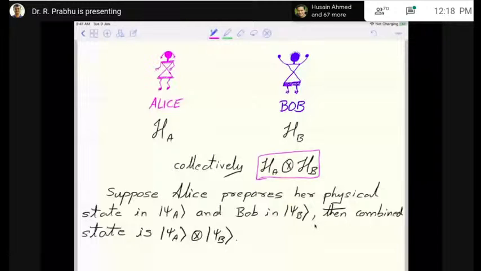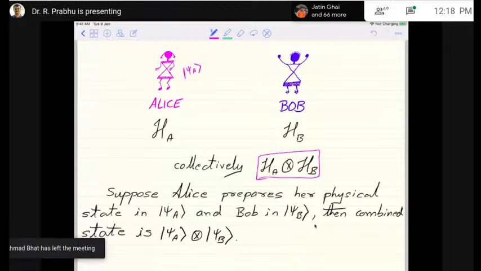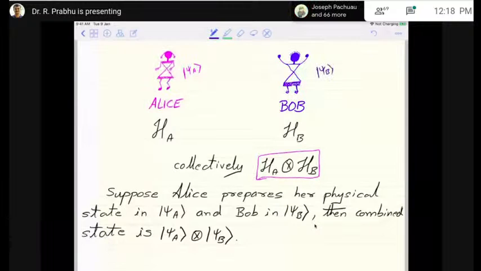So the state of the particle in the hands of Alice is psi A, and similarly the state of the particle that is present with Bob, let us call psi B. Now I have psi A, psi B as the composite state of the two particles.